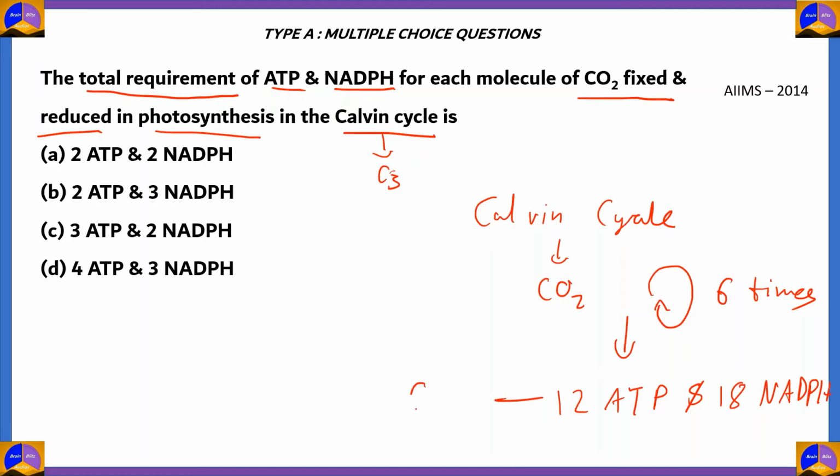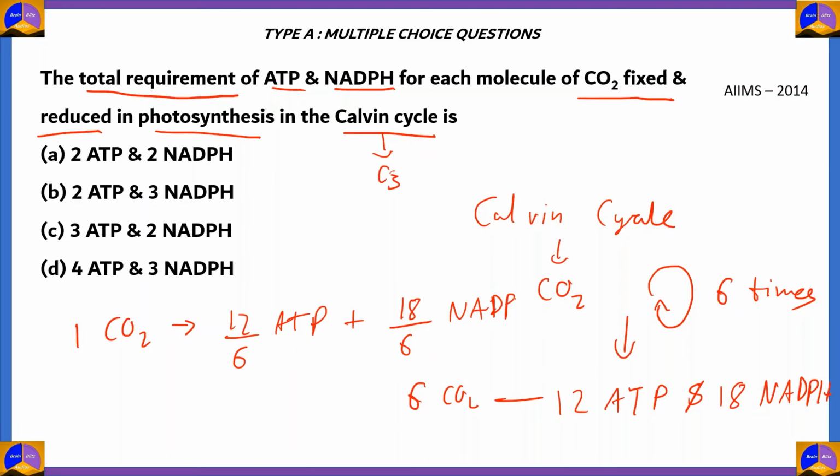So this is for 6 CO2. If we had it for 1 CO2, then it will be 12 by 6 ATP and 18 by 6 NADPH. So that means 2 ATP and 3 NADPH will be the total requirement of ATP and NADPH for one molecule of CO2.